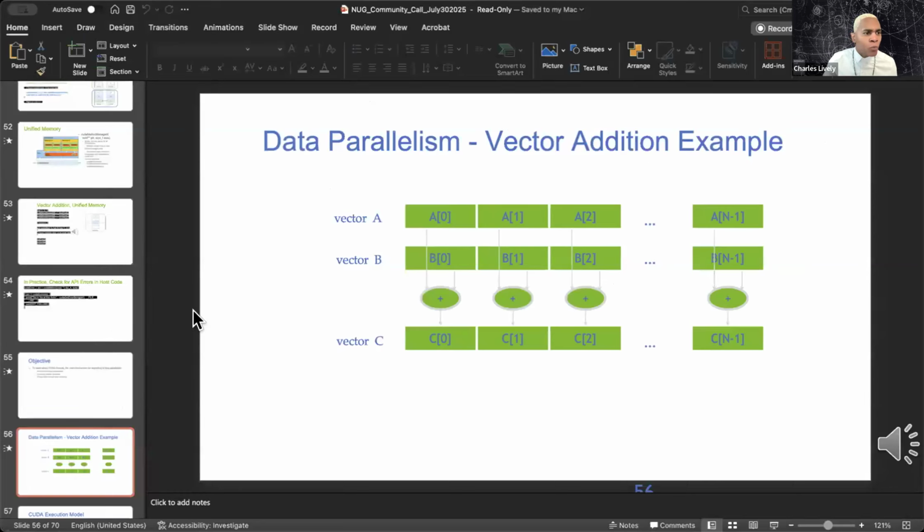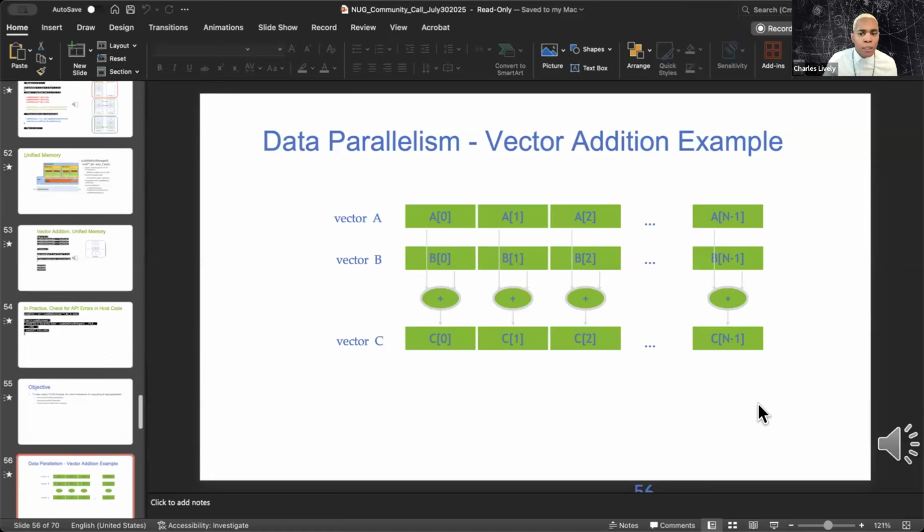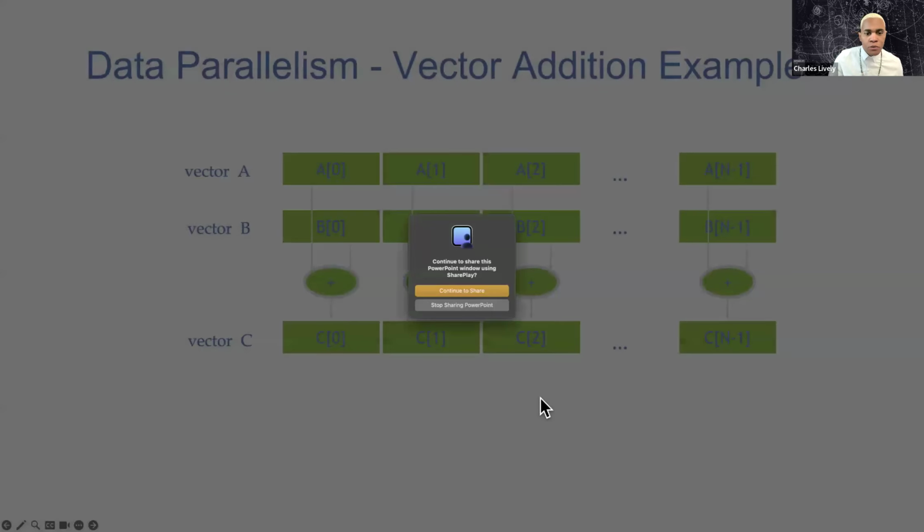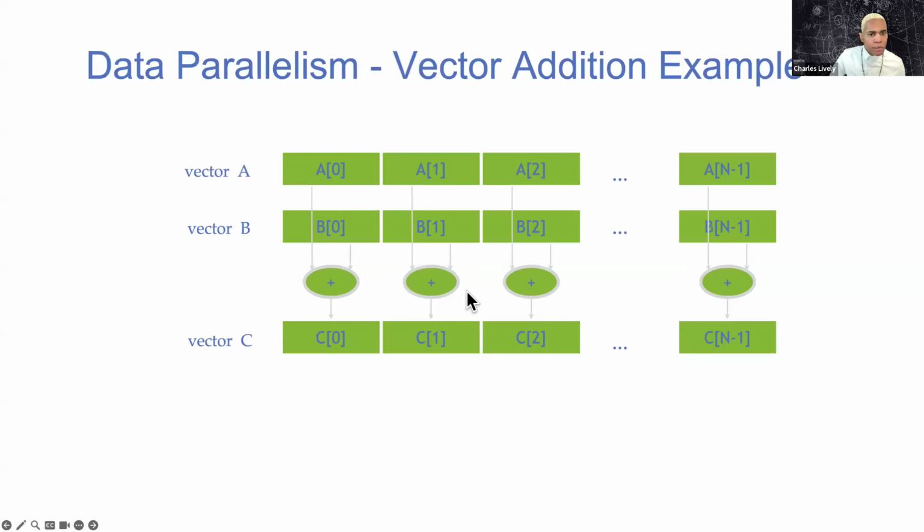Any other questions? All right. Well, we will try and work through a little bit more here with the data parallelism. Okay, so now we're going to get a little bit more into threads.